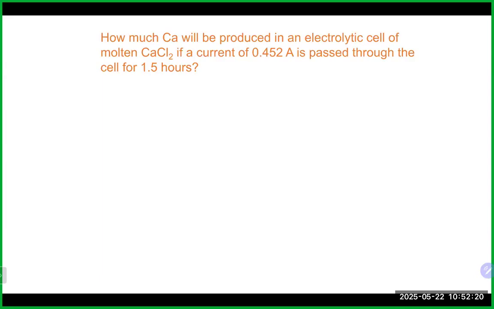Let's say we want to know how much calcium would be produced in an electrolysis cell of calcium chloride if a current of 0.452 amps is passed through the cell for 1.5 hours. In this situation, we have to remember we are going in this direction to make calcium and chlorine gas.